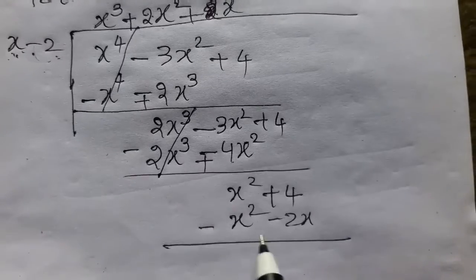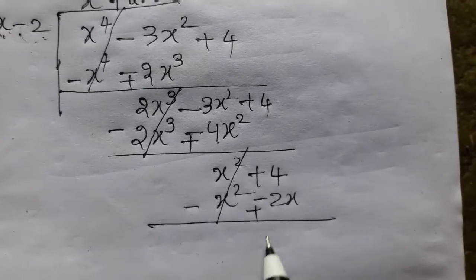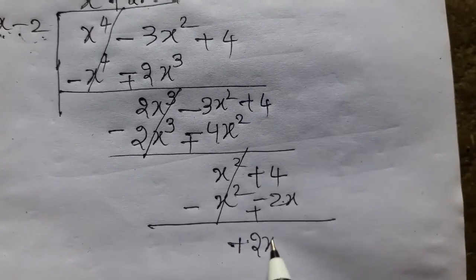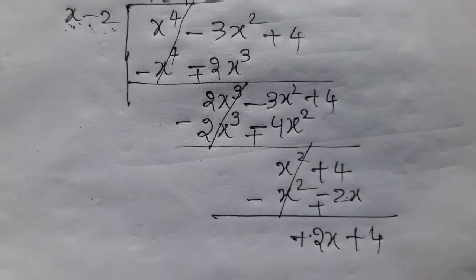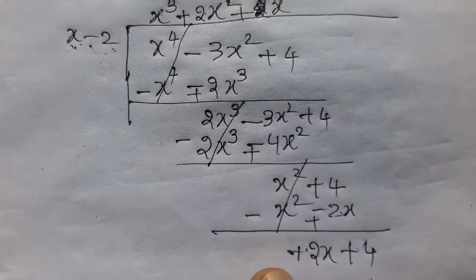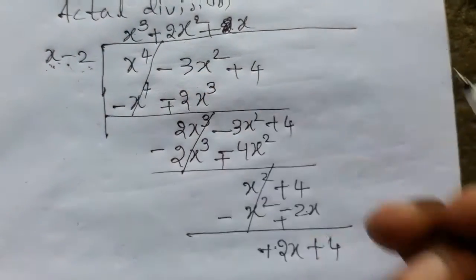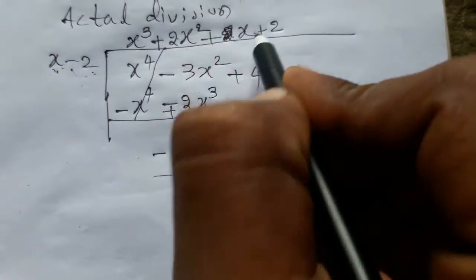By changing the sign, plus, this became cancel. Now this minus becomes plus 2x plus 4, isn't it? Next, we want 2x, means just take here plus 2.